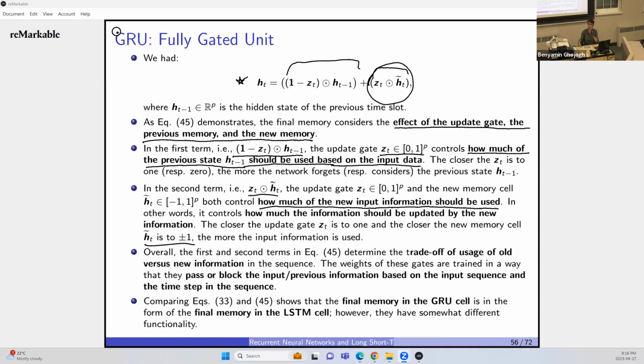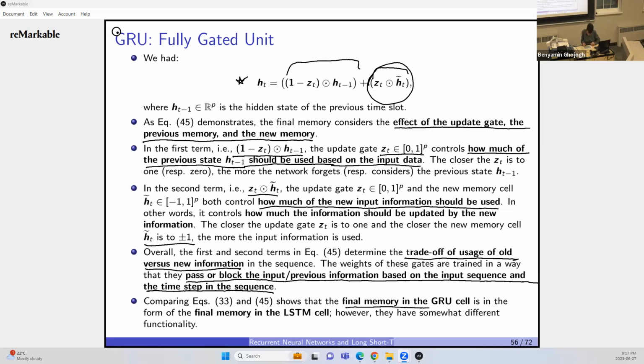So it might have a negative effect also. That's the reason. Sometimes it might become negative. Also, it's a trade-off of usage of old versus new information in the sequence. The weights are used in backpropagation to pass or block input or previous information based on the input sequence and the time step in the sequence.